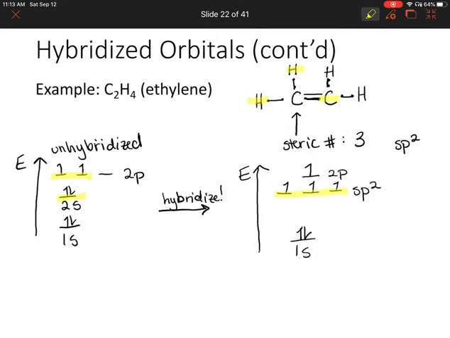Okay, so now we have 3 unpaired electrons in an sp2 orbital, and then we have 1 unpaired electron in a 2p orbital. So what is this going to look like?